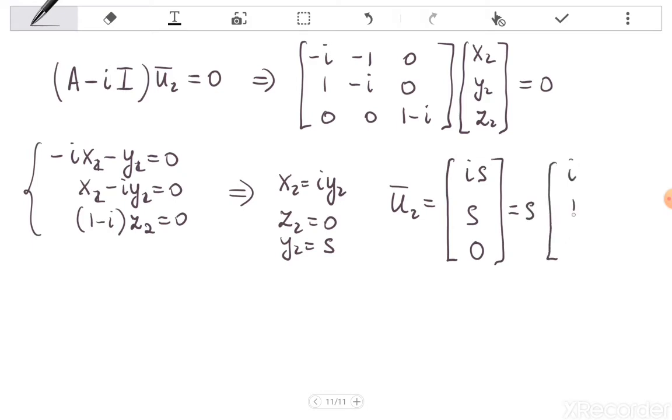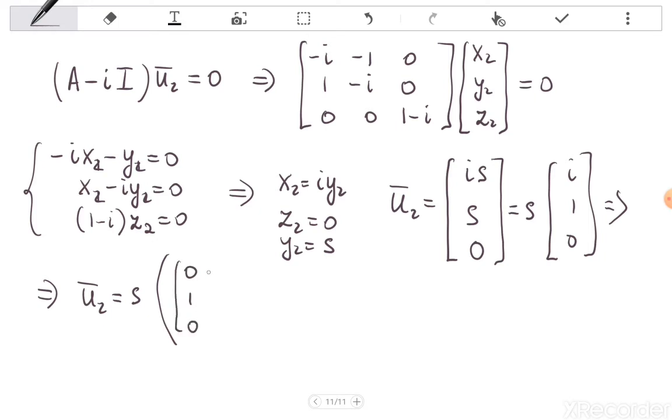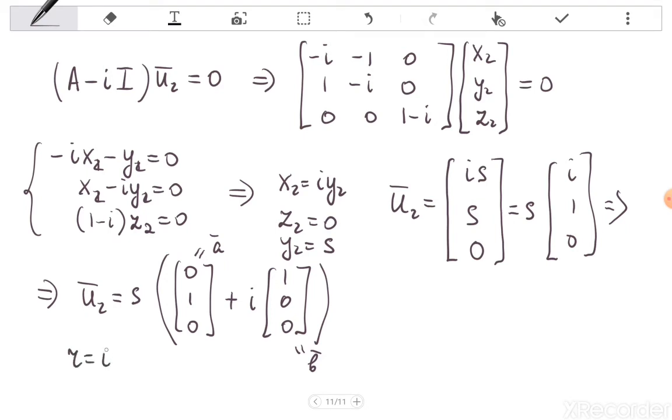So this is i, 1, 0, and then let's split the real and imaginary parts. u2 is s times, the real part is the vector 0, 1, 0, and the imaginary part is the vector 1, 0, 0. So this is our vector a, this is our vector b, and also since r is just i, alpha is 0 and beta is 1.